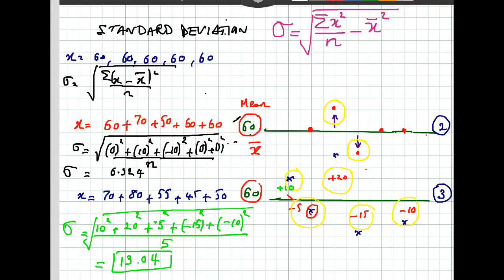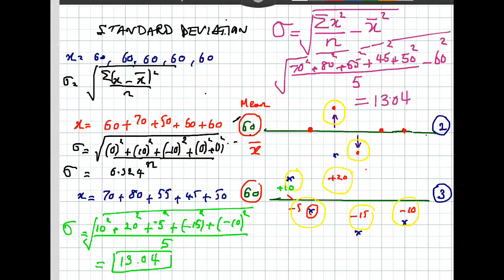That should give us the same result. I will do the last set using this formula, and then you can see for yourself. The first point 70, so 70 squared, plus the second point 80 squared, plus 55 squared, plus 45 squared, plus 50 squared, all divided by 5, and then take away the mean, which is 60 squared, under the root, and that will give you exactly the same value.